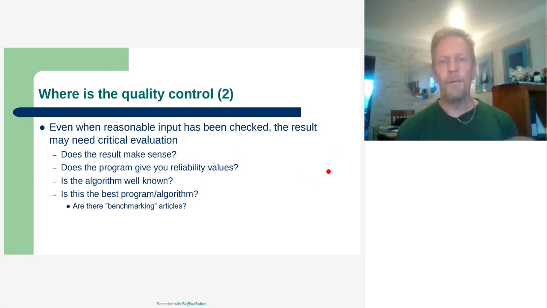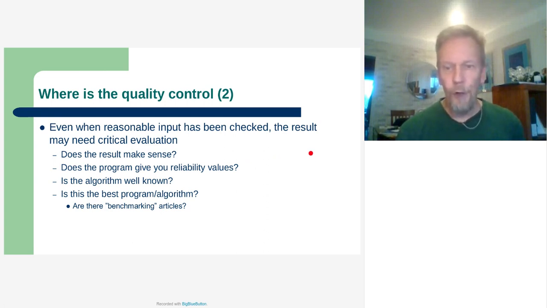And then if you are looking at the results and it's a table that has all kinds of columns that have numbers you don't exactly understand, it's a good idea to read the documentation and explanation and see what is the actual result. You want to see what is a control value.